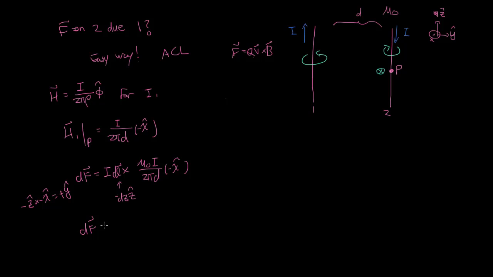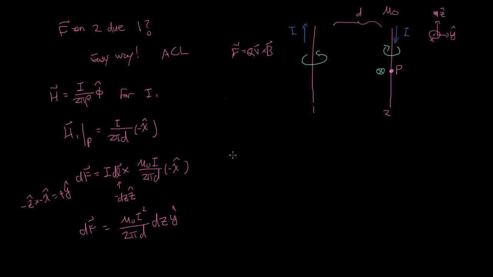So then you're going to have mu naught, the I's are the same in this case, so we're going to have mu naught I squared over 2 pi d. We're going to pull out the constants. We have our dz, it's going to give us the y direction.